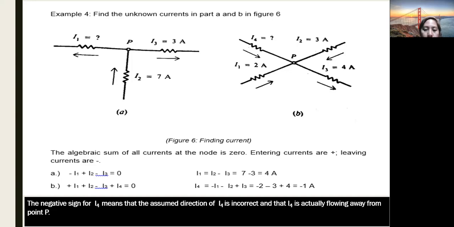So I4 now is negative, because of transposition. So negative 2 minus 3.